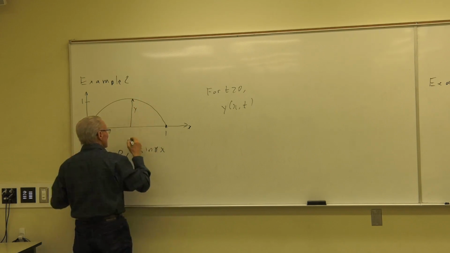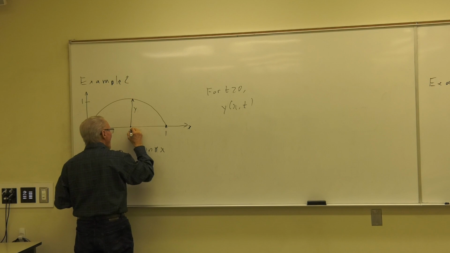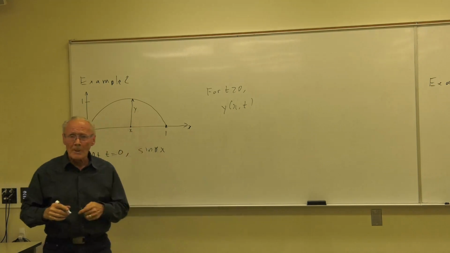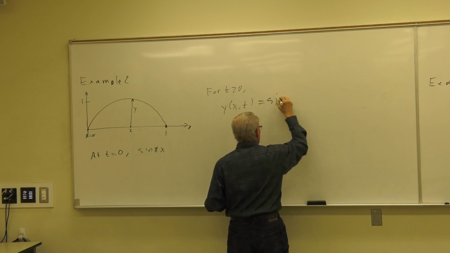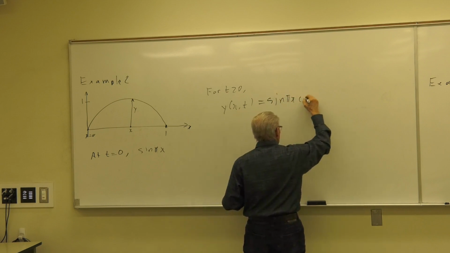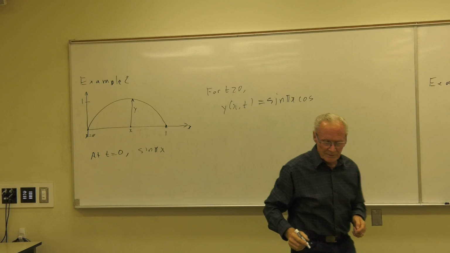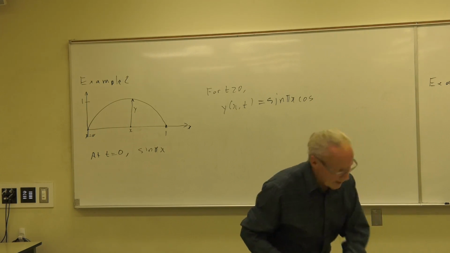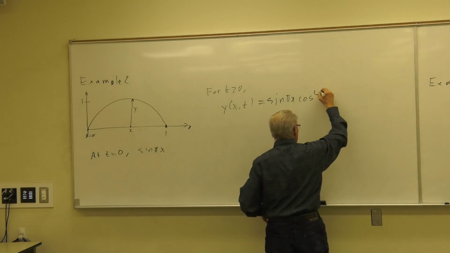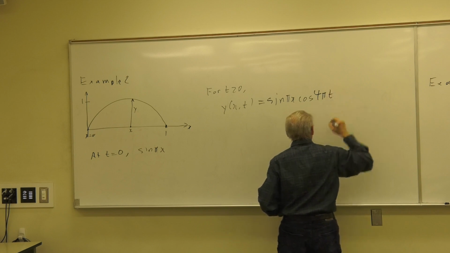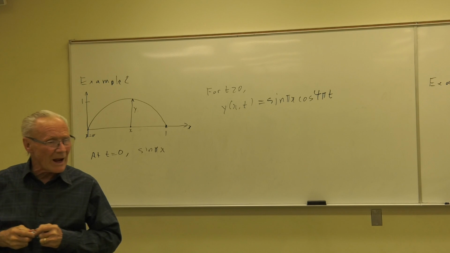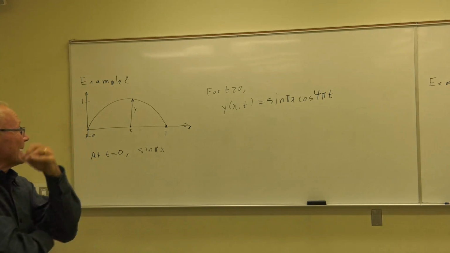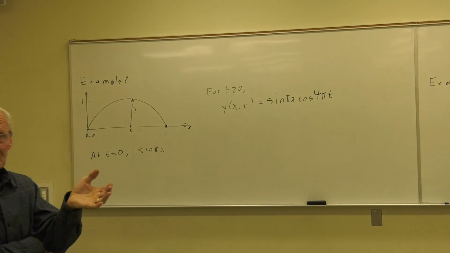It depends upon two things: what the x is and what the time is. And it turns out that it's equal to the sine of pi x times the cosine of, I believe, 4 pi t. This is a description of where every point in the string is as time progresses.